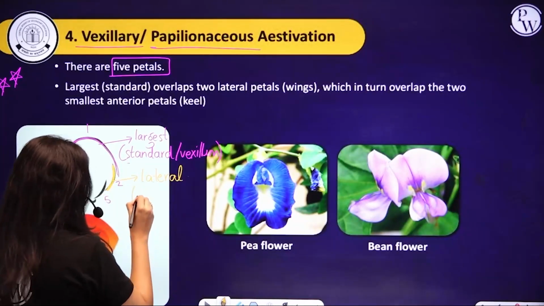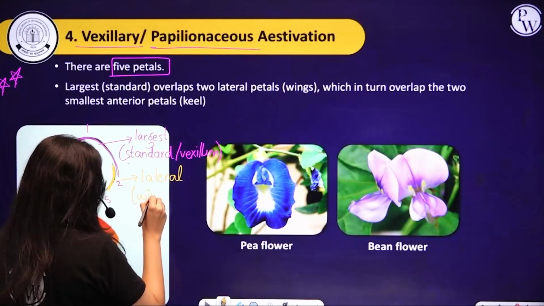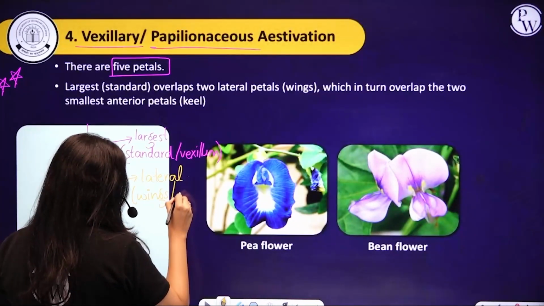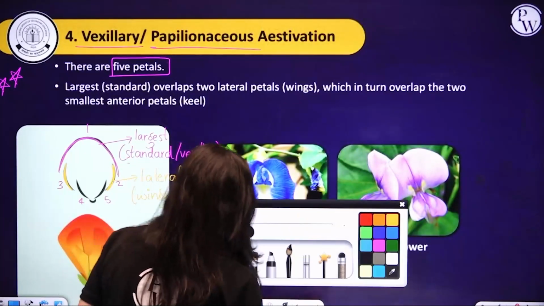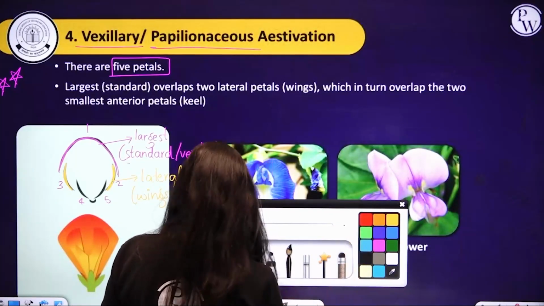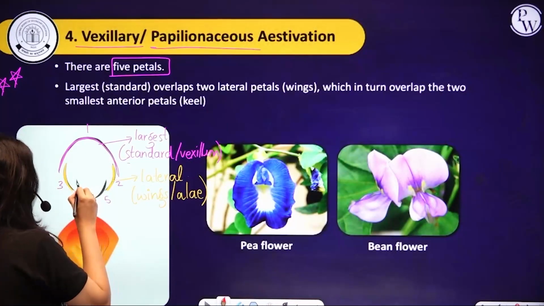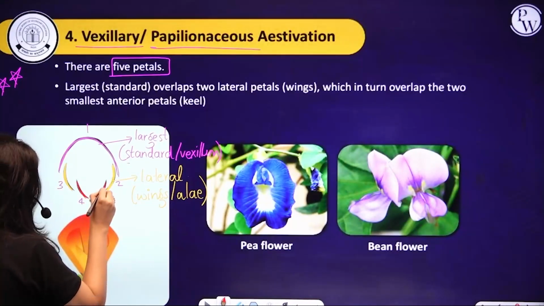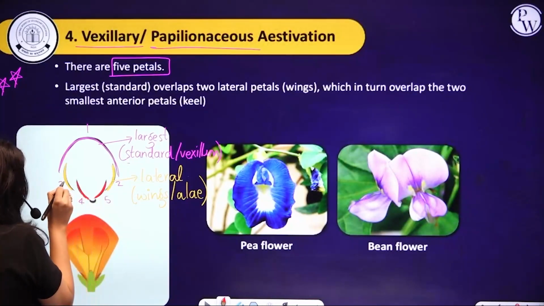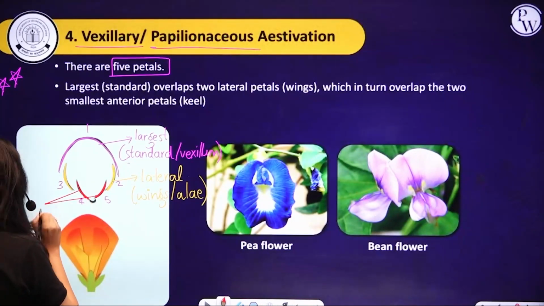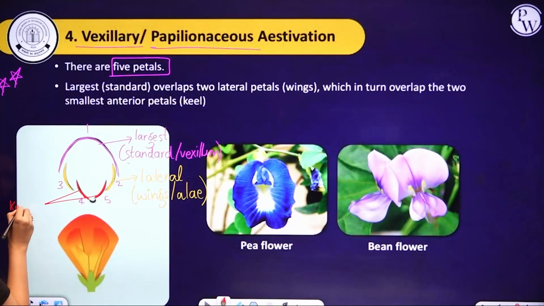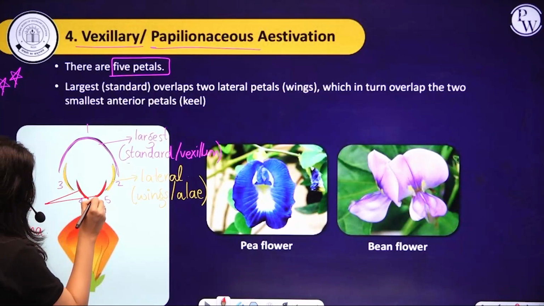These are called wings or alae. Now, what you must notice here is there are another 2 petals that are much smaller than the lateral petals. These lateral petals will overlap these petals that are called keel or carina, and these 2 petals are fused.